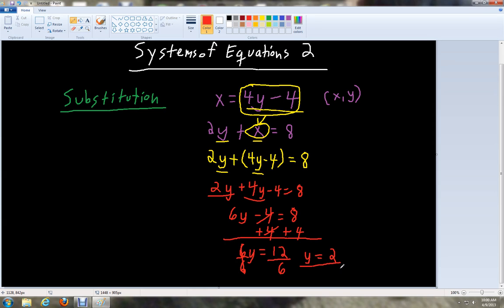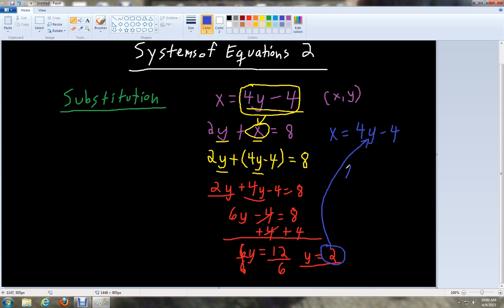Okay, so we have found the value of y, that's 2, and are we finished? Well, not quite, because we need to find out what x is. We know that x equals 4y minus 4. So now we can replace y with the value of 2, because that's what we found y to be, and plug it into this equation.